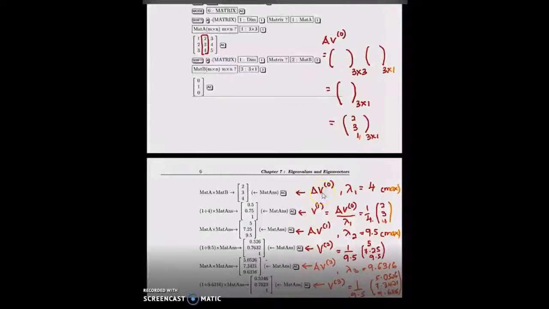So you can create V1 as AV0 divided by lambda 1, equal to 1 over 4 times the matrix AV0 already obtained from the previous step, 2, 3, 4. So you get the vector for iteration 1.